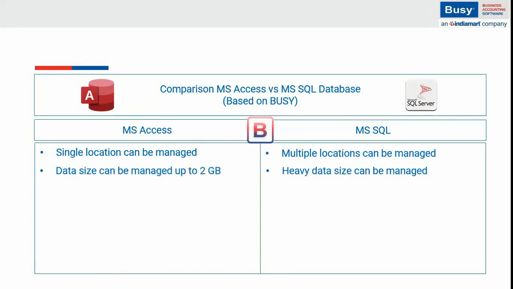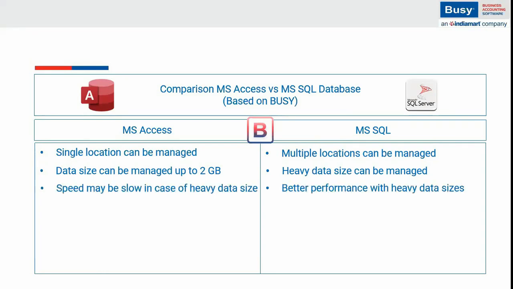In MS Access, the data size can be managed up to 2 GB, but in MS SQL, heavy data sizes can be managed. In Access, speed may be slow in case of heavy data size, compared to SQL. MS SQL database gives better performance with heavy data sizes.